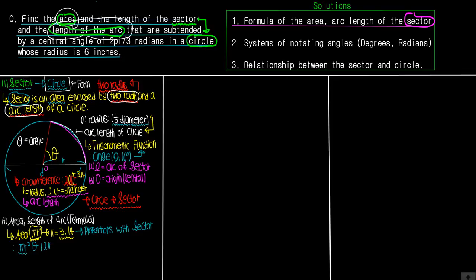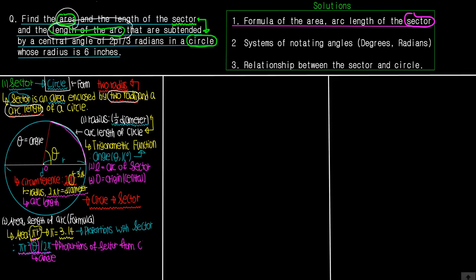If you don't know what this formula means, pi r squared times theta divided by 2 pi means we're taking a specific proportion of our sector from the circle. And how do we notate it? From our theta, which will be a specific angle.